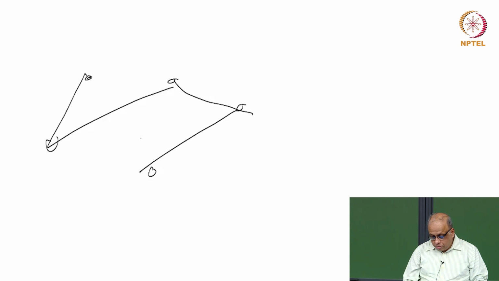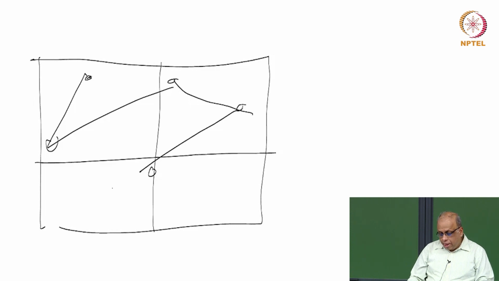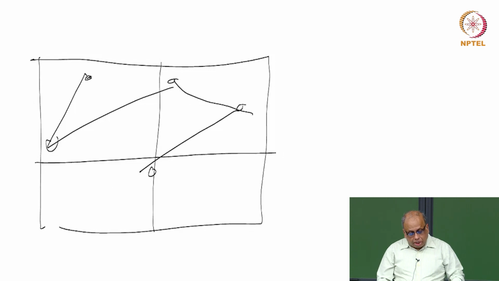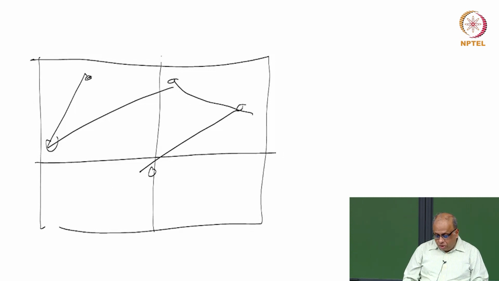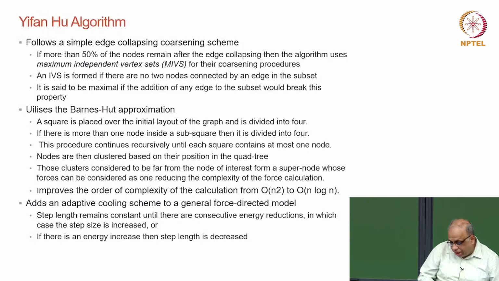Suppose you have a layout with nodes. This approximation tries to divide this area into 4, and then they continue dividing the area. If there is one node, they will keep this area. If there is more than one node, anyway, you got the idea.